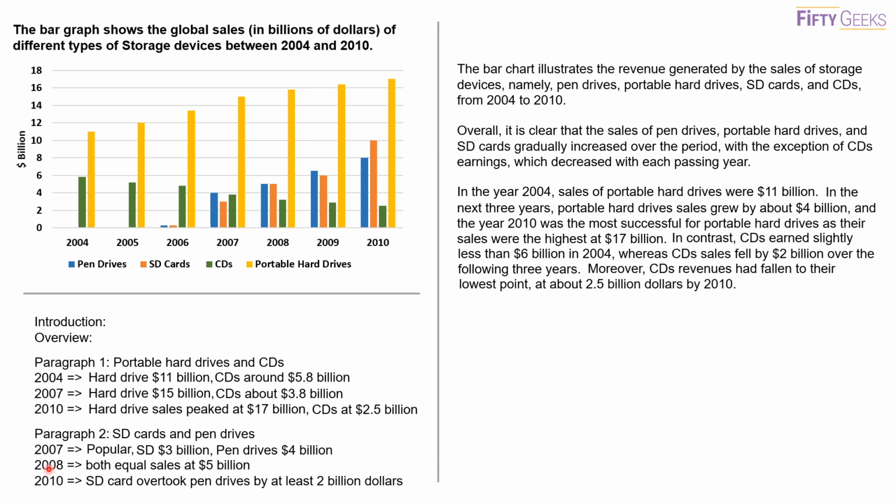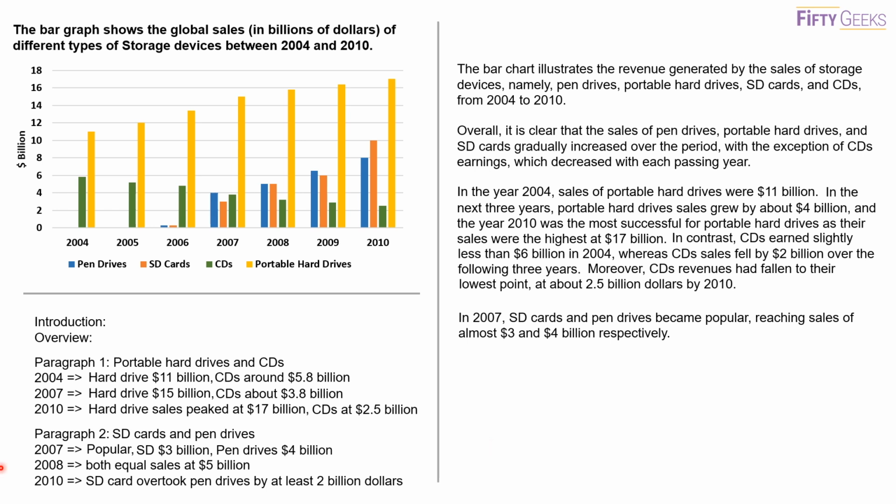Now we will write the second body paragraph about SD cards and pen drives. In 2007, SD cards and pen drives became popular, with the sales of SD cards $3 billion and sales of pen drives $4 billion. I will write, in 2007, SD cards and pen drives became popular, reaching sales of almost $3 and $4 billion respectively.